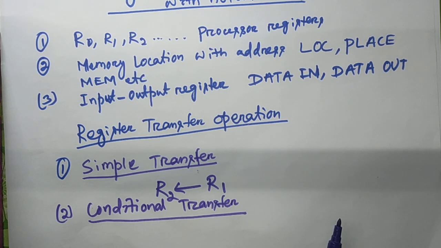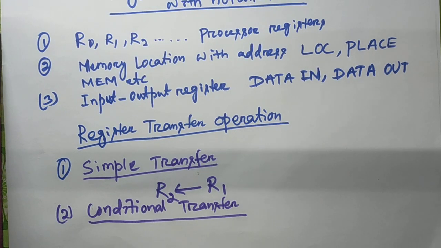What kind of condition is maintained, or how is data transferred with a condition? Suppose there is one condition, any kind of condition, suppose one statement we consider. If the statement is true, then data is transferred from one register to another register. That kind of concept we can write.